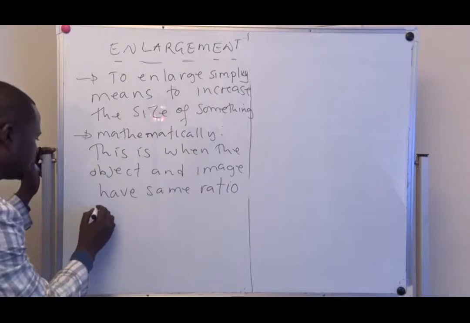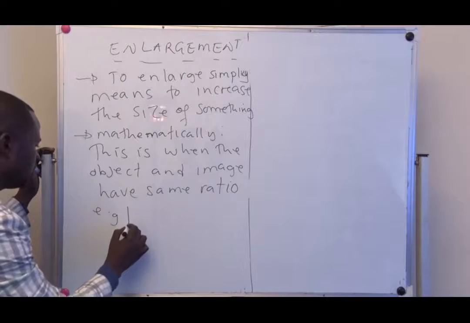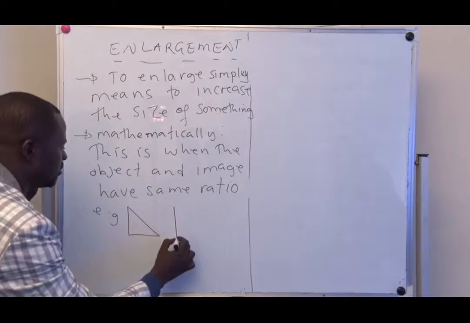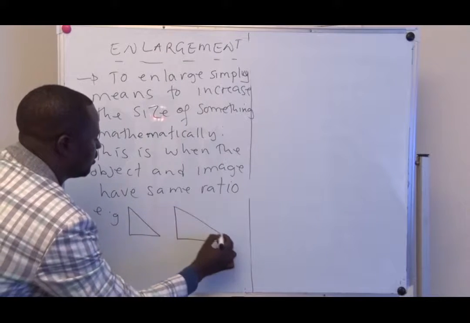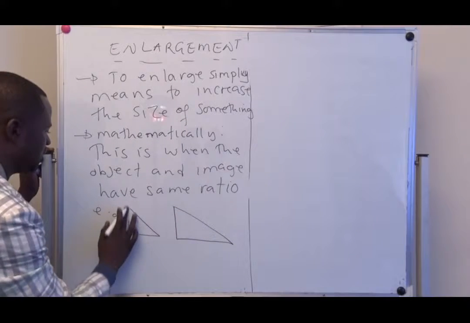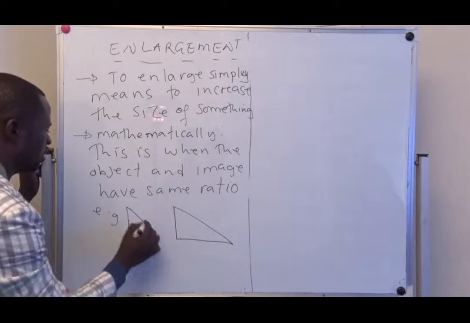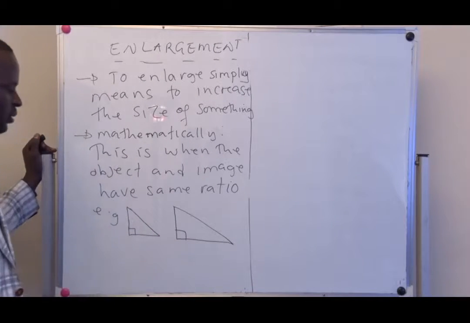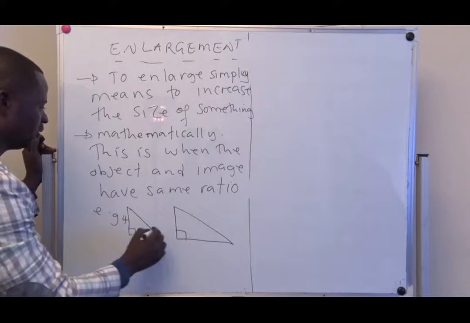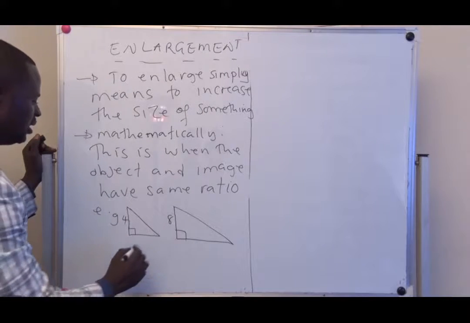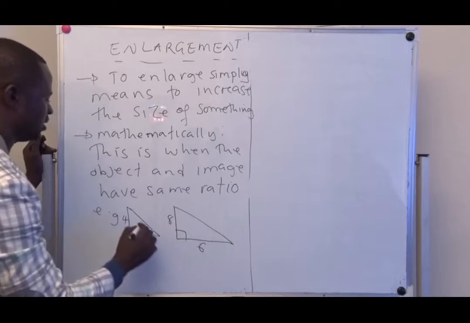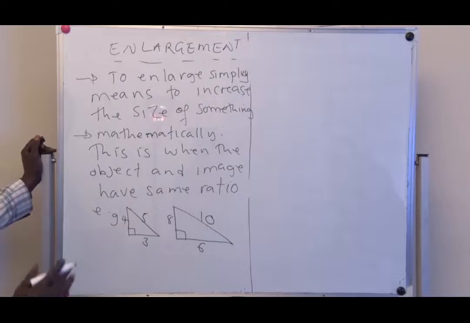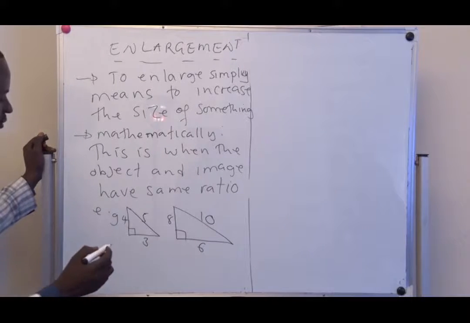For example, you've got this smaller triangle and this bigger triangle. If you look at these triangles, they look the same. They are both 90-degree triangles. Let's say this is 4 and this is 8. Let's say this is 3 and this is 6. Let's say this is 5 and that is 10. Now, I want you to follow me carefully.